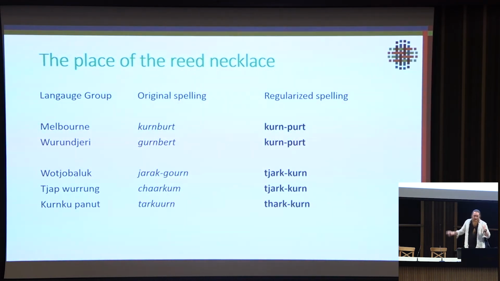Okay, next one. This is the reed necklace. I'll jump over the top two and go down to the Wujibolic. Again, we're lucky because Howard tells us what these mean. And he says that Jark is the reed and Gurn is the neck.